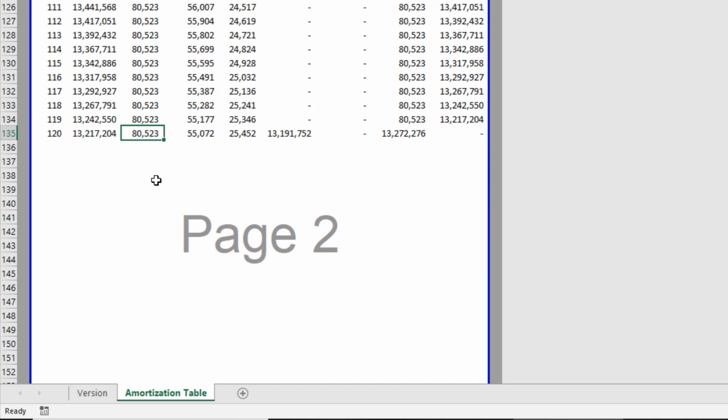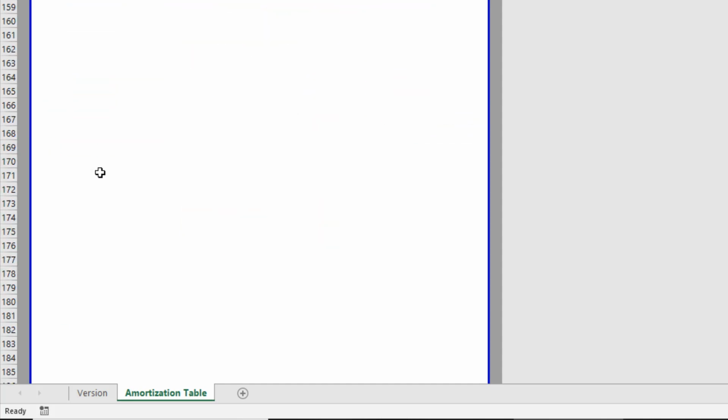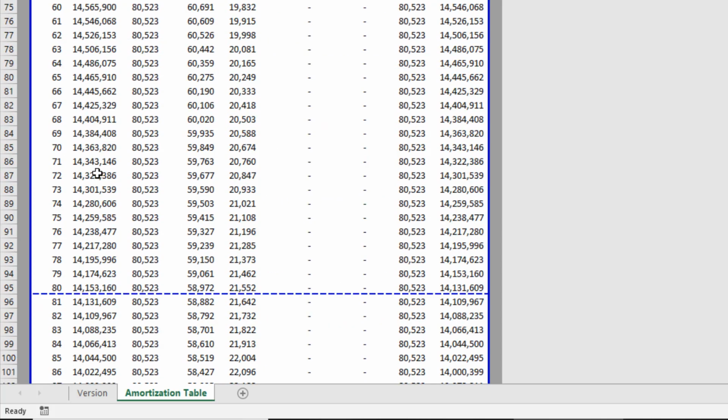The borrower makes a payment of $80,523. $55,000 of that is interest. So there's $25,000 in principal. You add that together with a loan payoff of $13,191,000, and that gets us $13,217,000, which in turn pays the loan off. Because this goes to 0, any subsequent periods are left blank, and we get a fully dynamic model.